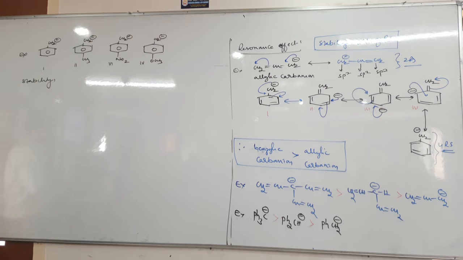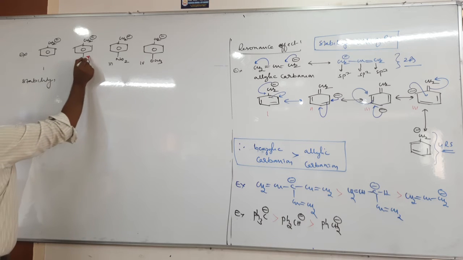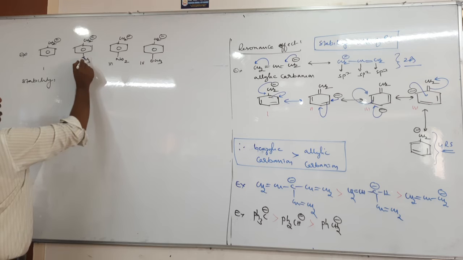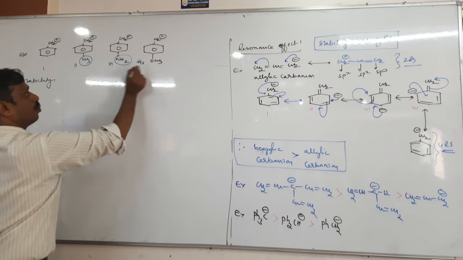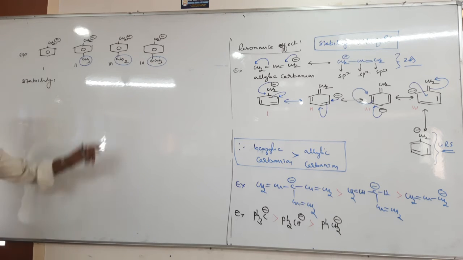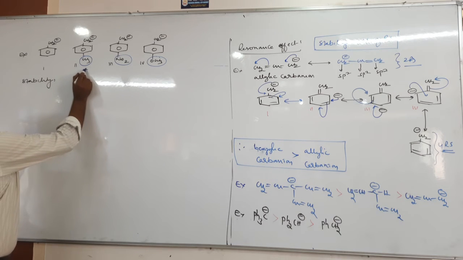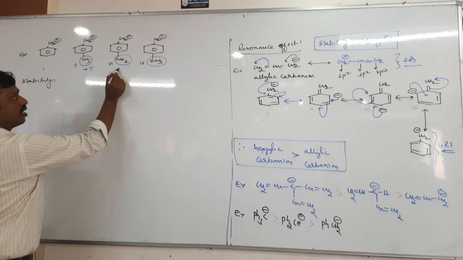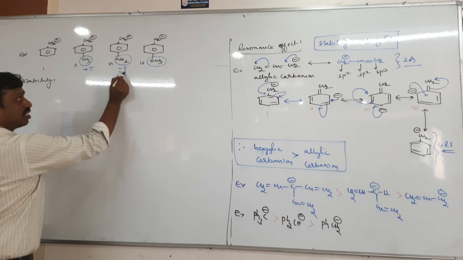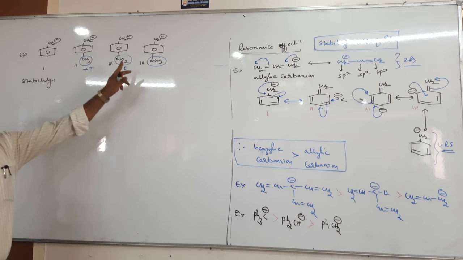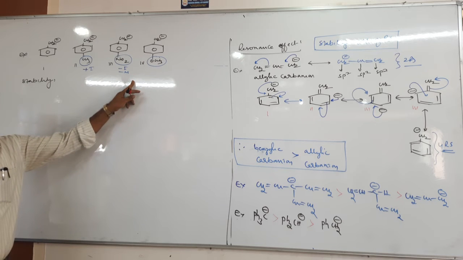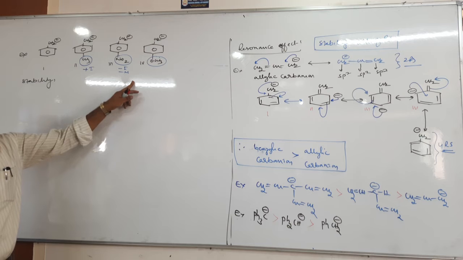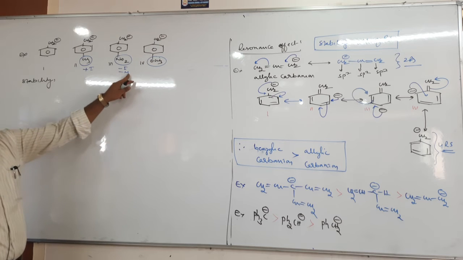Which is more stable? You need to see what is the difference between all these. So benzyl is common, there is a methyl group here, a nitro group, a methoxy group. Methyl is a plus I group. NO2 is a minus I as well as minus M. Remember, when NO2 is present on a benzene ring or conjugation, it acts as a minus M also.